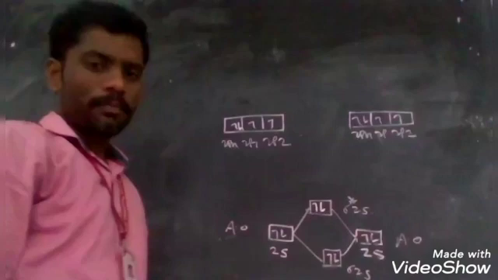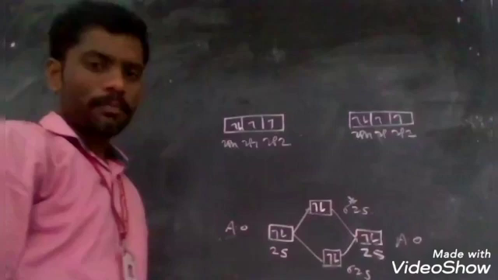Then the bond order of oxygen molecule can be calculated by using the formula: bond order equals 1/2 times the number of electrons in bonding molecular orbitals minus the number of electrons in anti-bonding molecular orbitals. The bonding molecular orbitals of oxygen molecule contain 6 electrons and the anti-bonding molecular orbitals contain only 2 electrons.